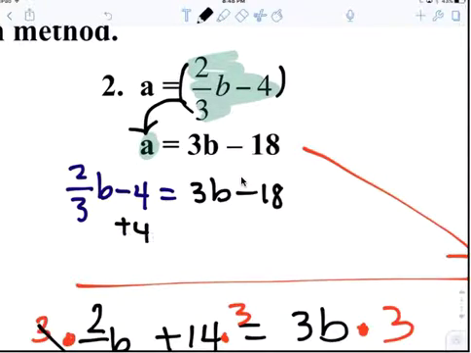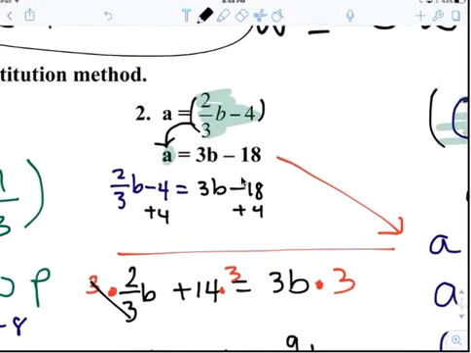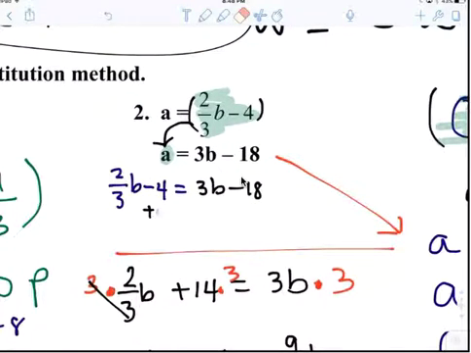Now add 4, or in this case what I did is add the 18. Oh look, let's see what I did. Hold on a second. Let me write it, get it back.